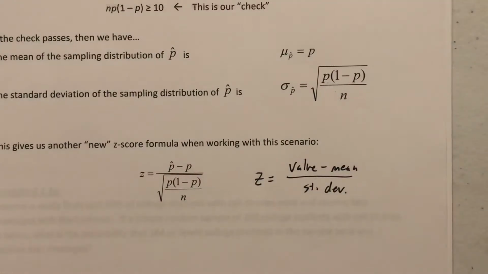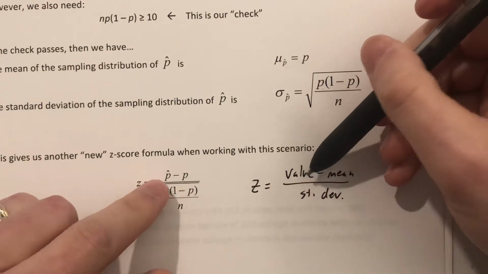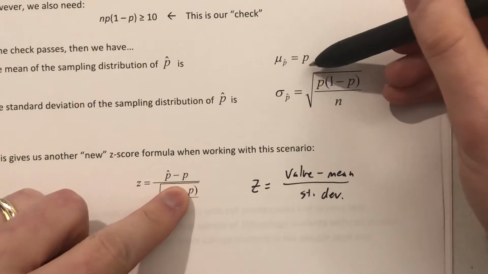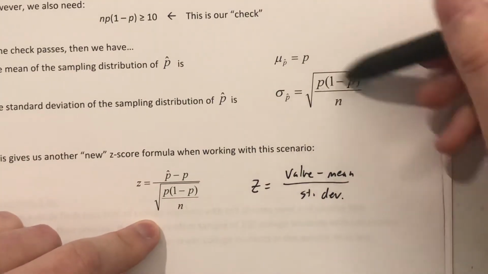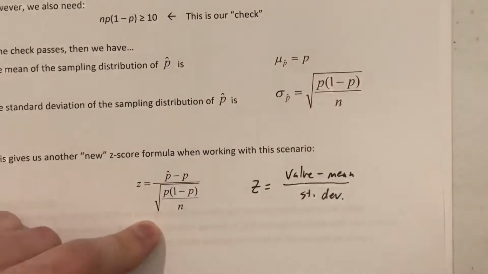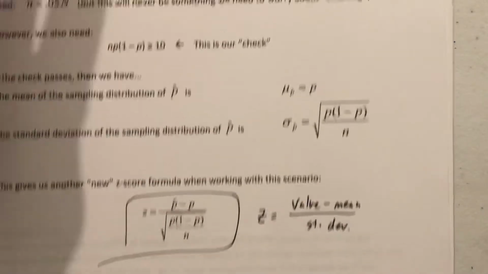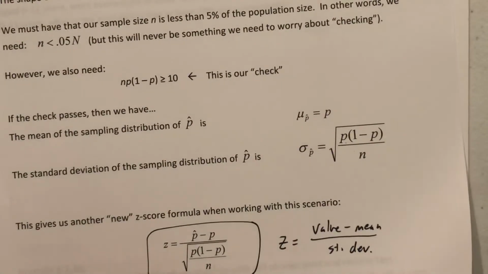I'll keep reminding you of that general idea, because now our value will be a question about a p hat, about a sample proportion. Our mean will be the actual proportion itself, and the standard deviation will be this huge square root calculation there in the denominator. So this will be our z-score formula for any of these questions involving proportions. So let's take a look at what those problems will look like.